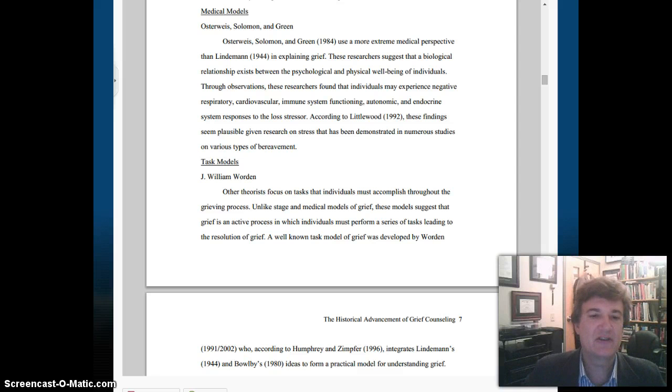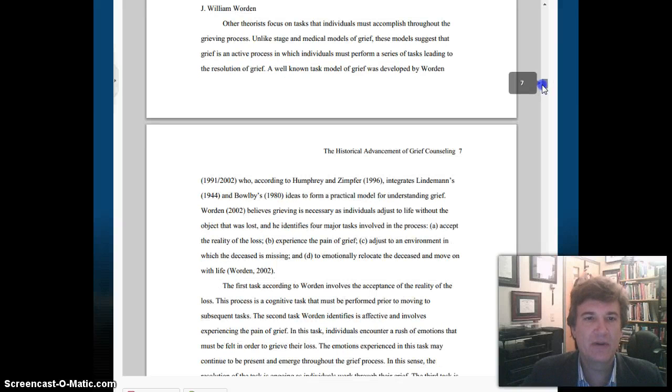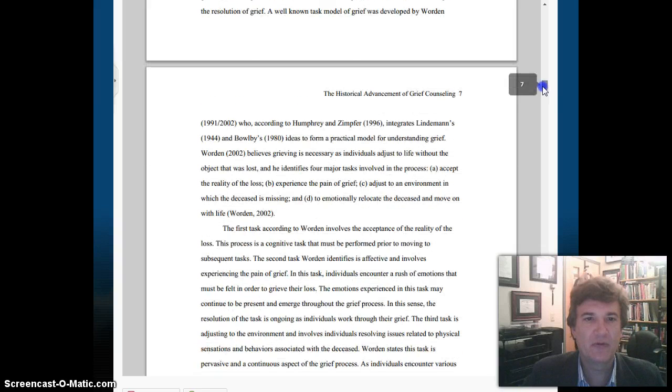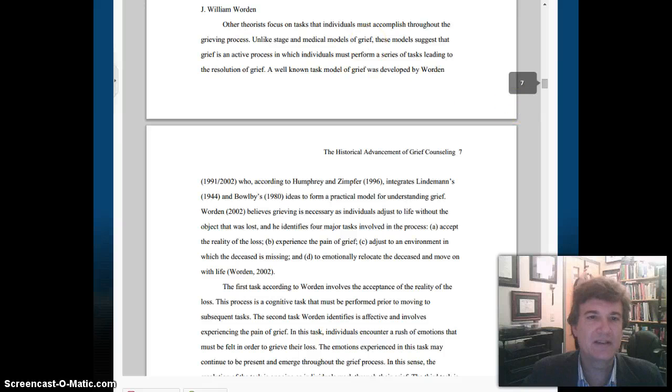So the next section is task models, and this is where Warden falls, as well as another prominent theorist named Rando. So let's look at some of the task models, specifically beginning with Warden, and he wrote the textbook that we're using, and he will go into much greater detail into his own task model.